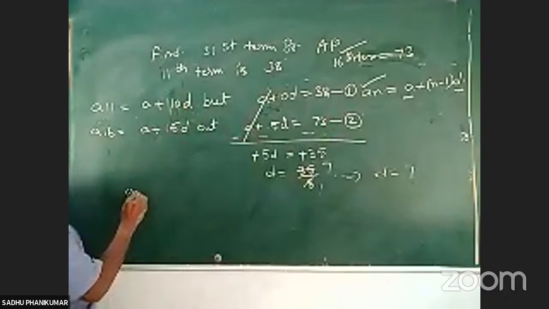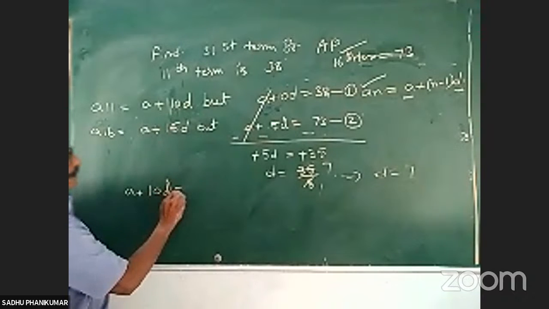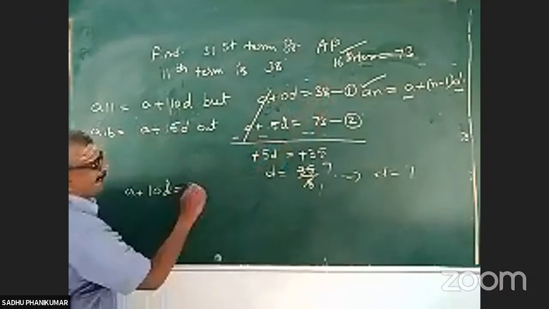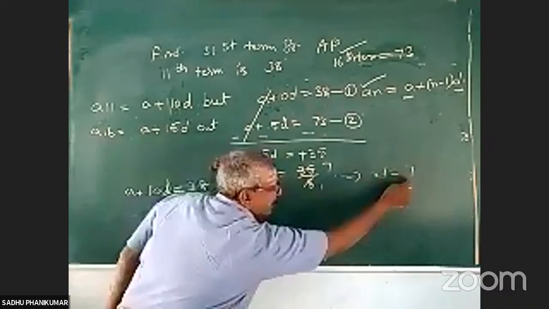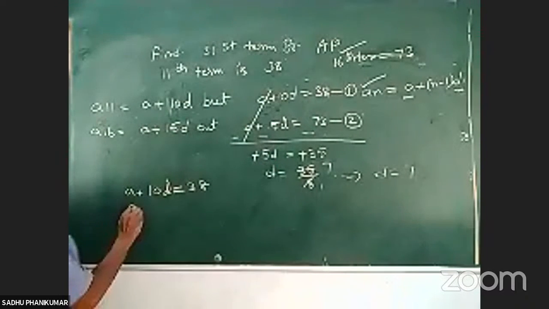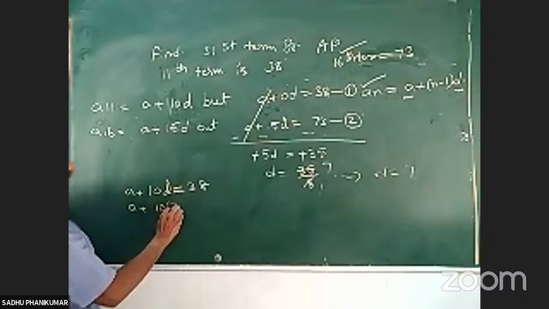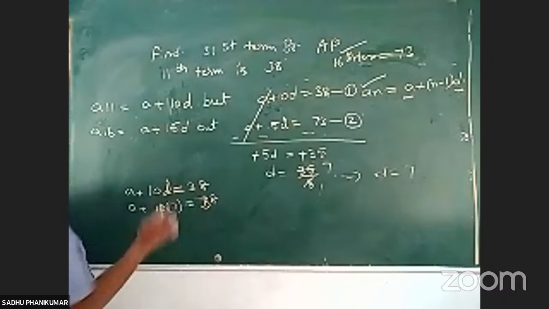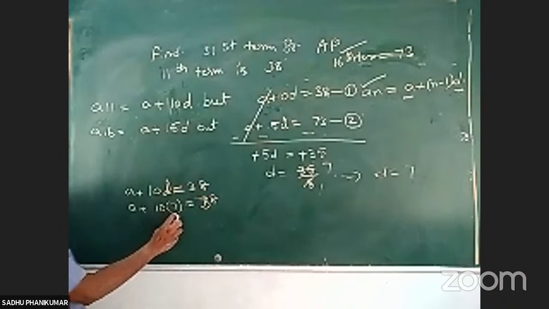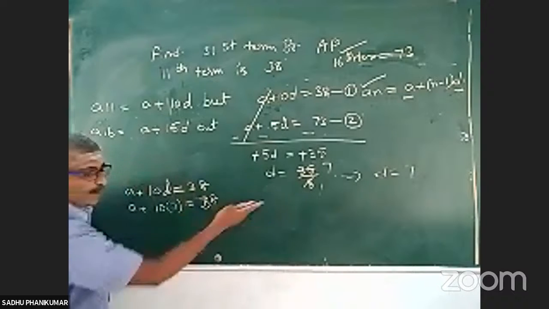So A plus 10D is given as 38. Now substitute the value of D as 7. So A plus 10 into 7 is equal to 38. 7 into 10 is 70. Take that 70 to the other side.